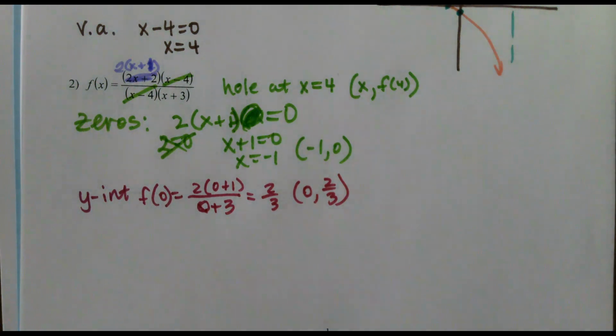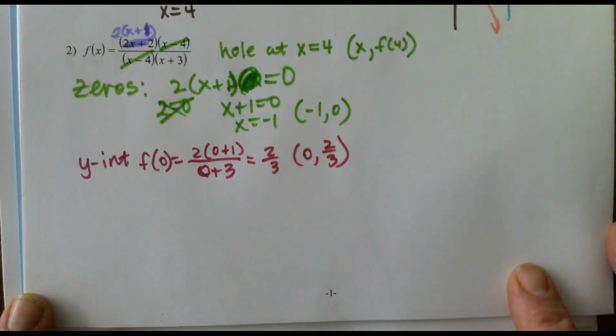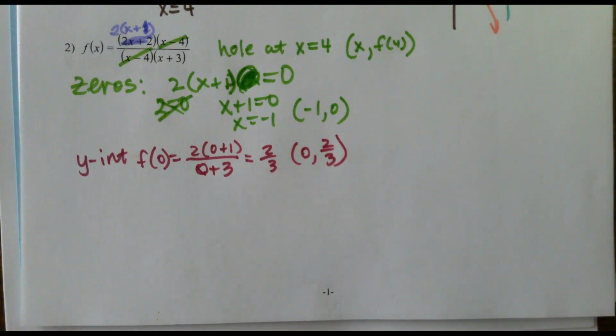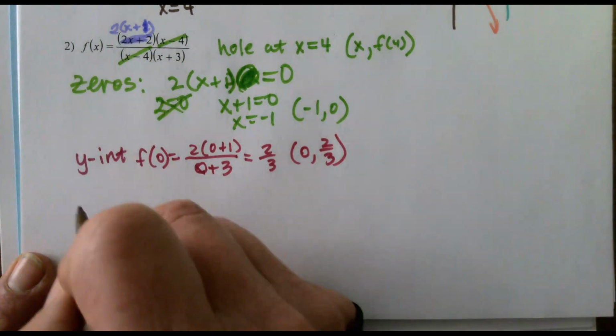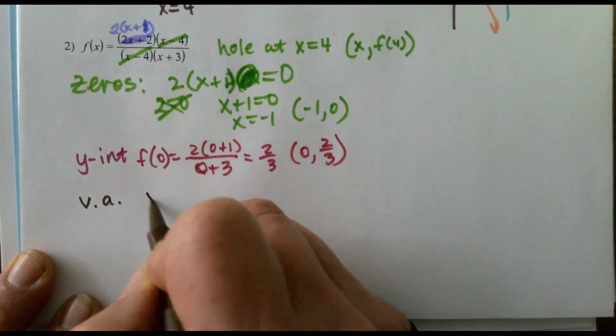The hole is out, so I don't need to worry about it. The hole is gone. I don't need to bring it back in when I'm finding my y-intercept. I don't need to bring it back in when I'm finding anything else. It's gone. It's a hole in the graph. We removed it. Now I'm going to find my vertical asymptote. That's when the denominator equals 0.